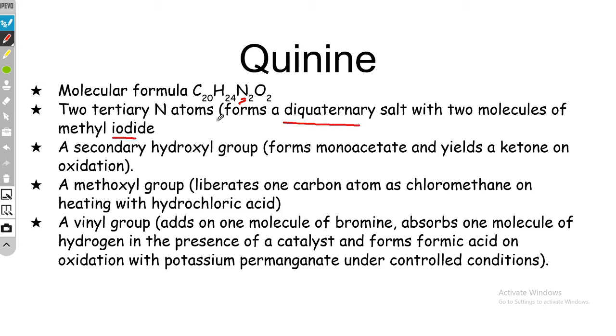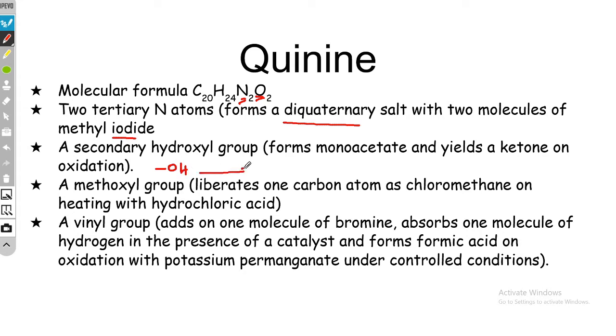That means both of these nitrogens are tertiary in nature. Okay. Then what about this O2? In order to find out whether this O2 may be part of a COOH group or maybe carbonyl etc., it is found that it is a hydroxyl group.